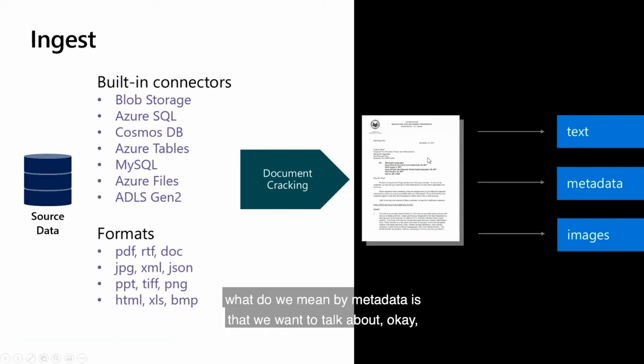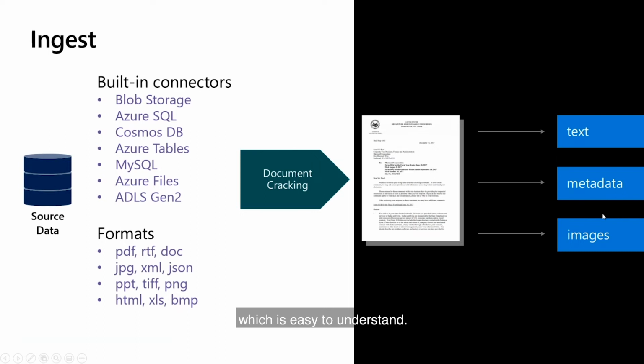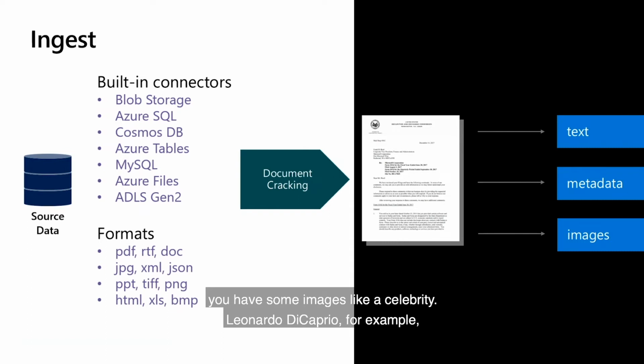We want to talk about how many pages, what is the structure of the data, how many key phrases we want to extract from there, what is the documentation content within that. And then we have the images, which is easy to understand. You have JPEG, PNG, or you have some images like a celebrity, Leonardo DiCaprio, for example, whose picture is pasted here, we can recognize him as well.